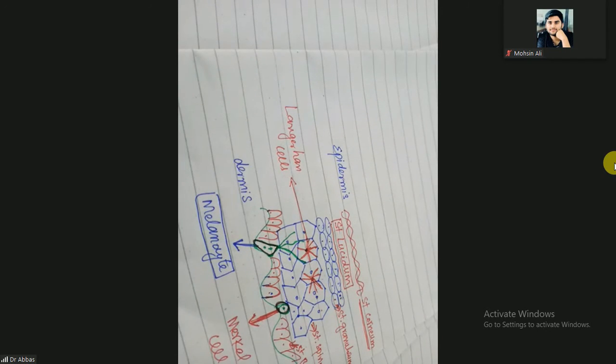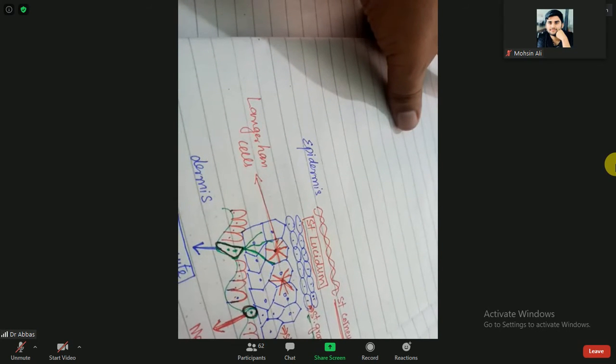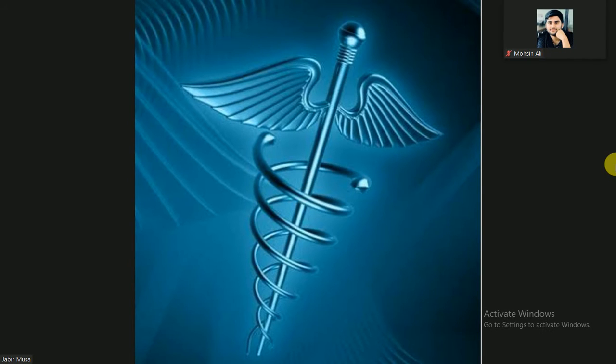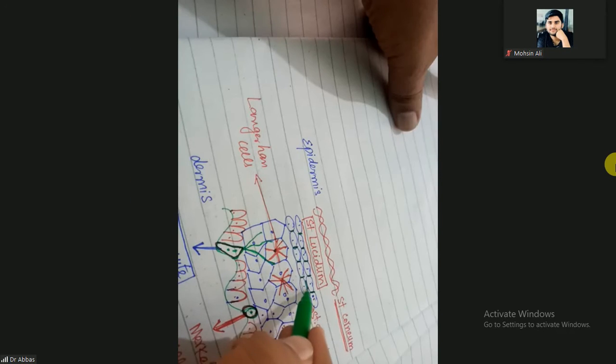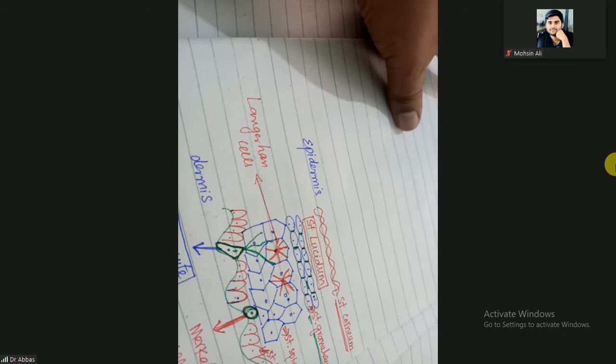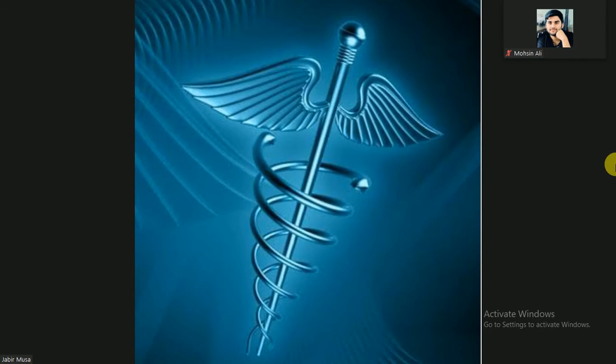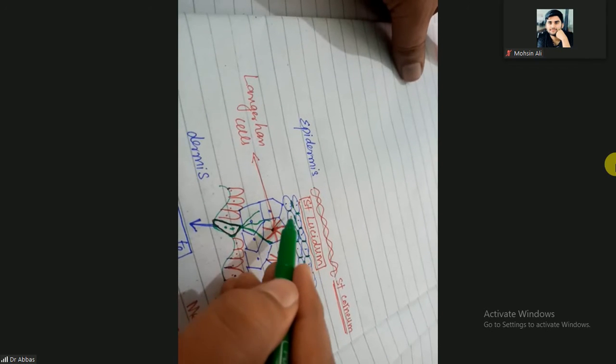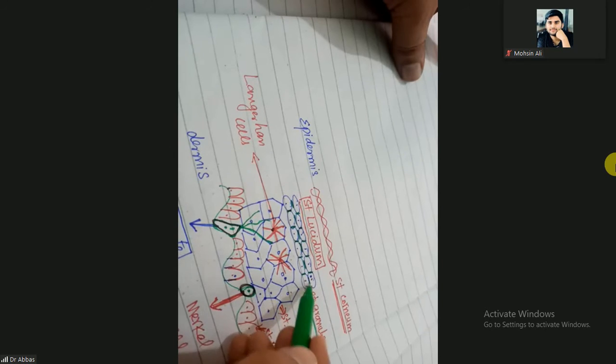But what is the important point related to all these cells? Cells of the stratum granulosum are adherent to each other by the intercellular cementing substance secreted by the Odland bodies.